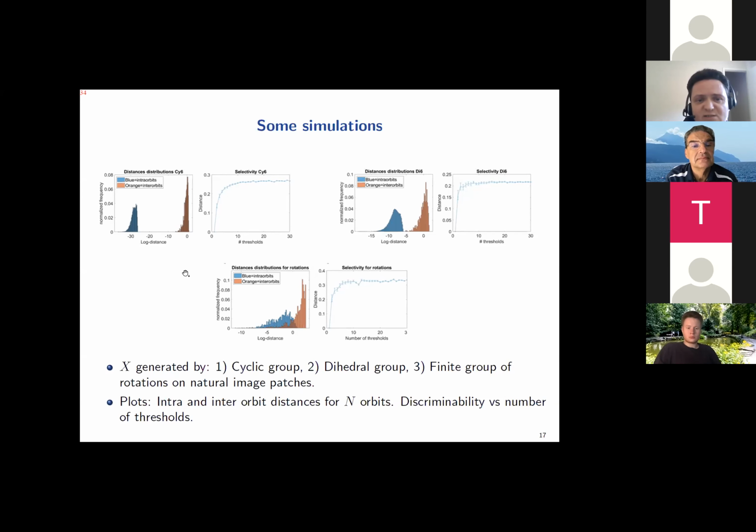Overall, these plots confirm the theory, even if I have to say that if you go to real data, things are less clear, but still we have some good separation between the distributions of the intra and inter orbits.